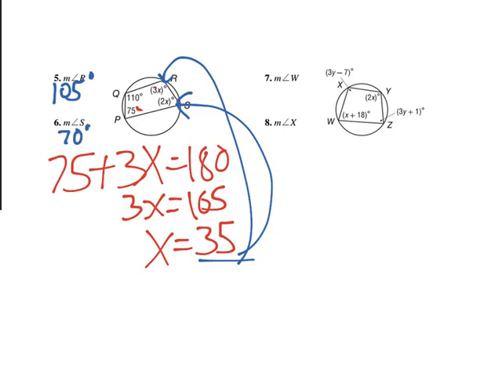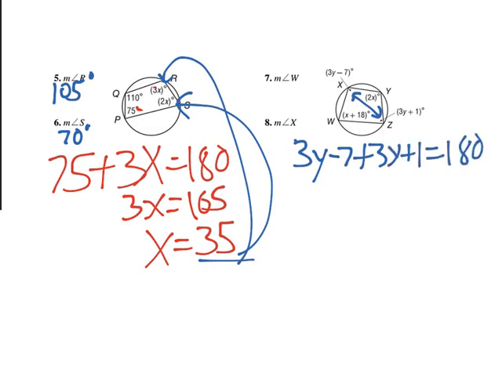So now I'm going to look at number 7 and number 8. Again, it's a four-sided shape, which means we do opposite angles. So I'm going to write 3y minus 7 plus 3y plus 1 equals 180. Combine like terms and I get 6y minus 6 equals 180.